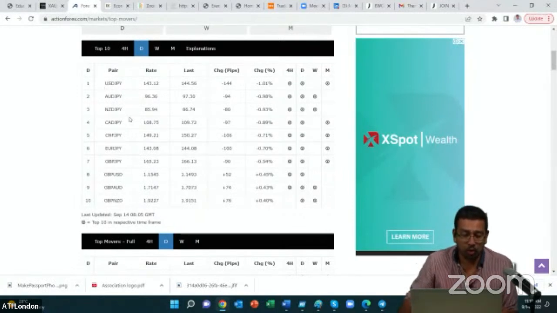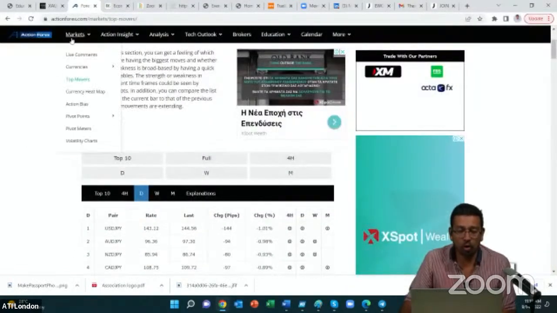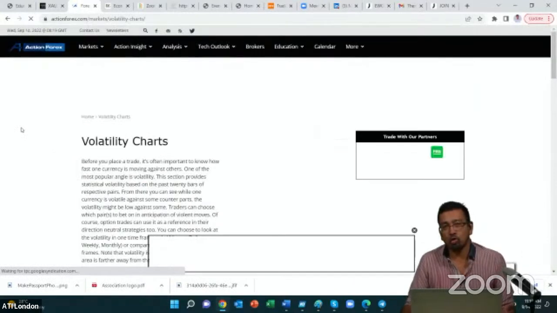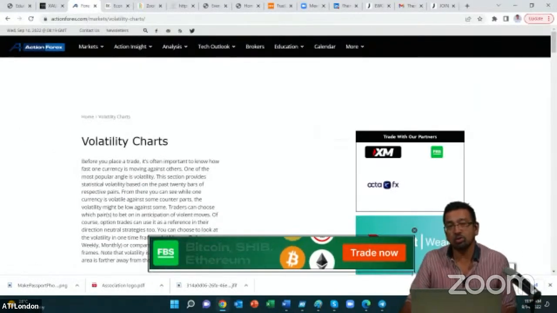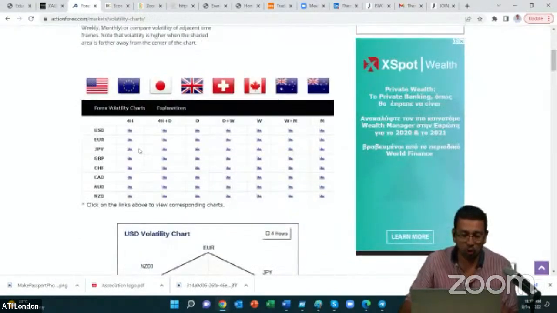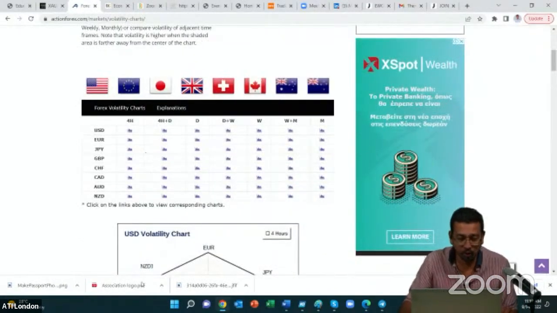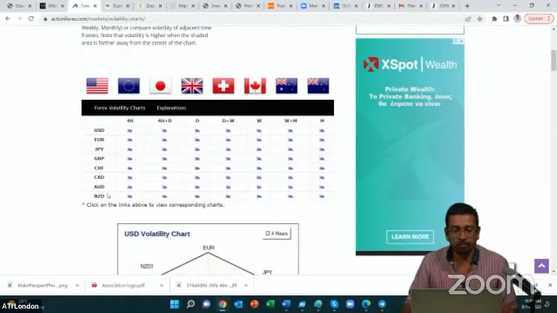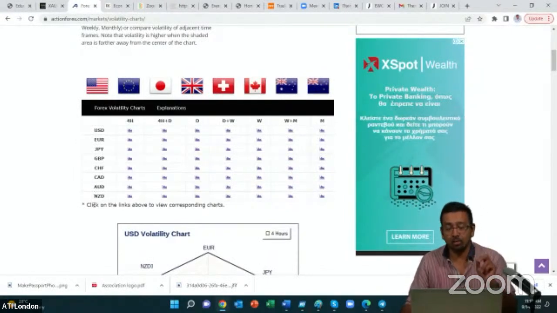All right, there we go, guys. So we've got a bit of a hint right there, JPY. Now, if you want to check which JPY cross would be experiencing heightened volatility, you can always go to the volatility chart, and this will be on the 10 Trade dashboard or the 10 Academies dashboard.